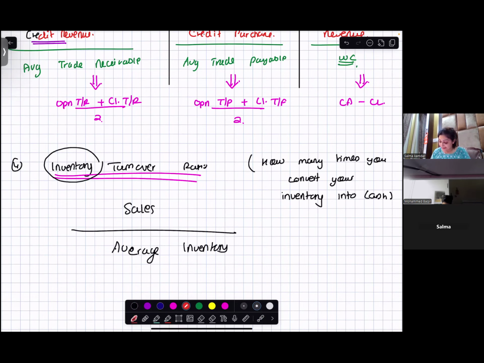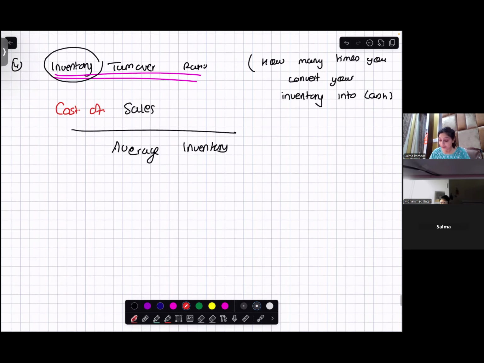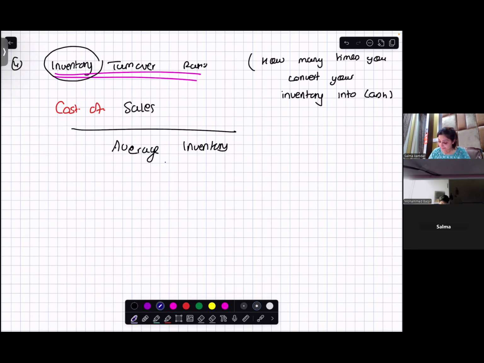If you divide it by average inventory, you take your cost of sales. How do you get average inventory? Opening inventory plus closing inventory divided by 2.